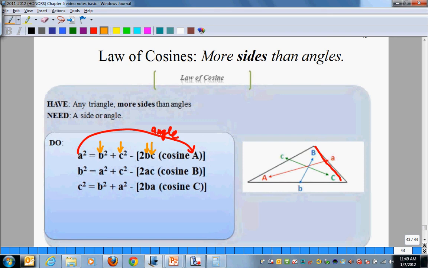Basically, it's the same equation all 3 times, just one focuses on A, the other side B, and side C. You should memorize these. So b squared equals a squared plus c squared minus 2 times a times c times cosine B. And then c squared equals b squared plus a squared minus 2 times b times a times cosine C.